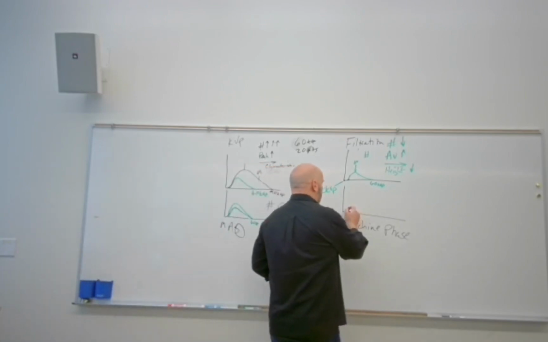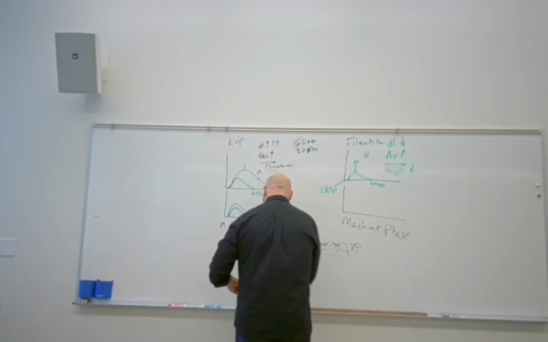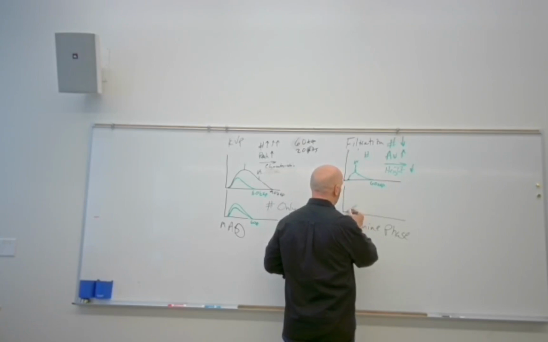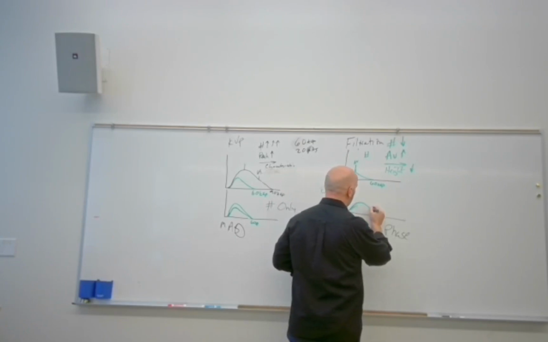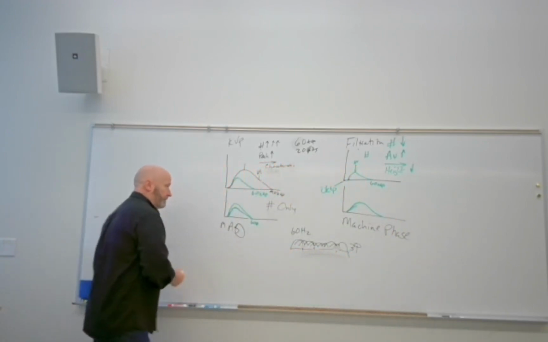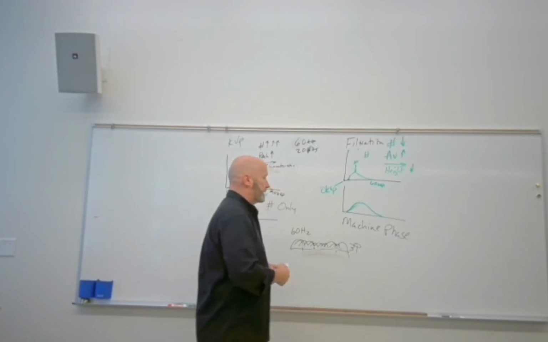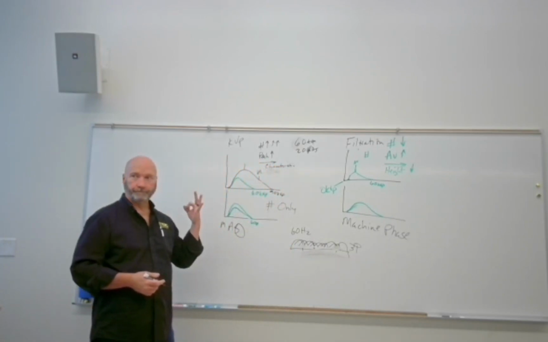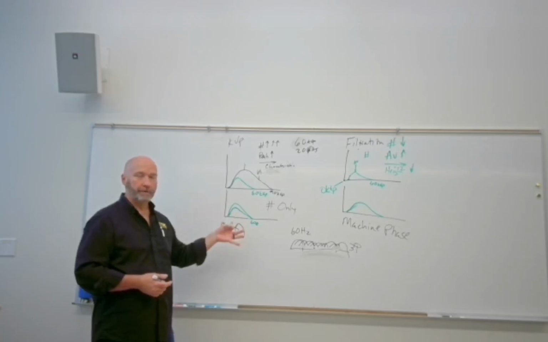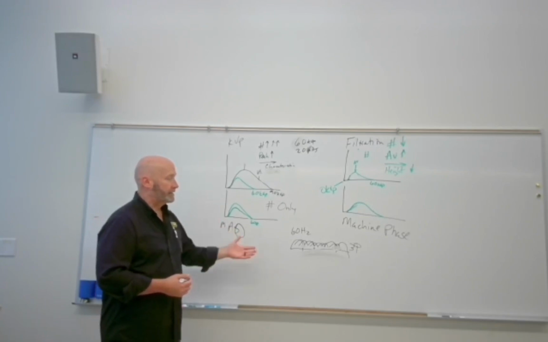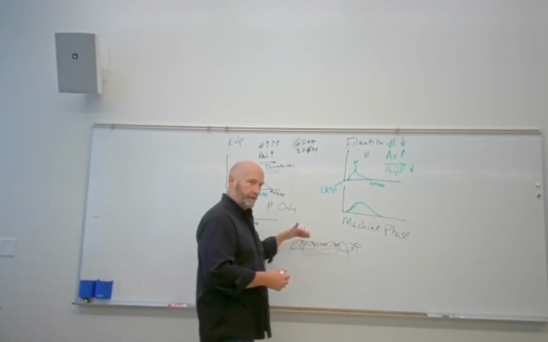So then with machine phase, what we get is an increase in output. Instead of having 1 pulse, we're going to have at least 3 pulses per pulse.